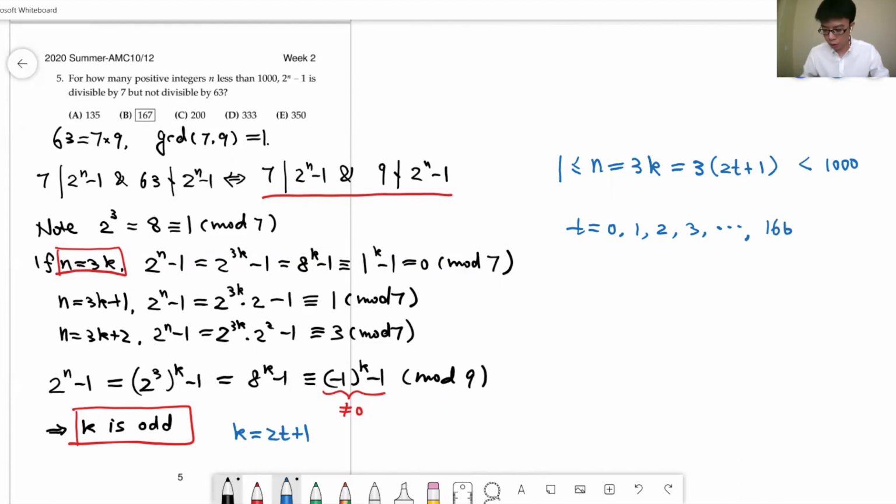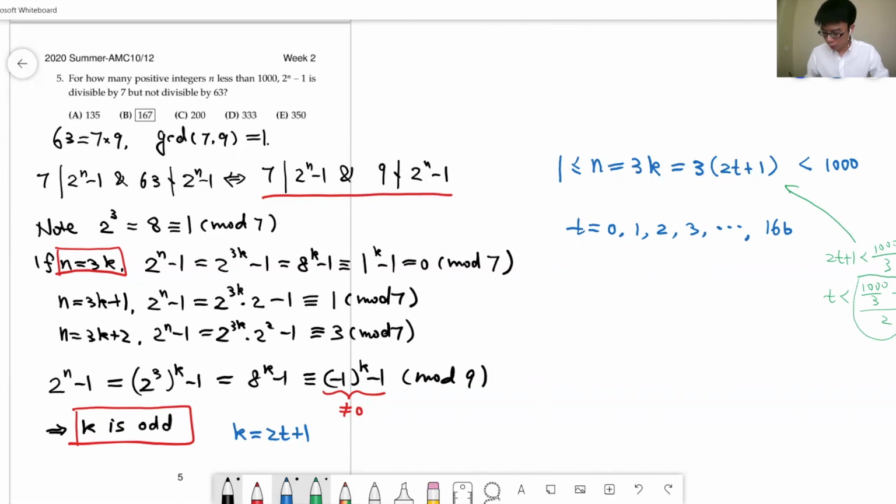Okay, 166, because from here we can solve the range for t, right? 3 times (2t plus 1) is less than 1,000, so 2t plus 1 is less than 1,000 divided by 3. So t is less than (1,000 divided by 3 minus 1) divided by 2. Okay, so from here you can see the upper bound for t.